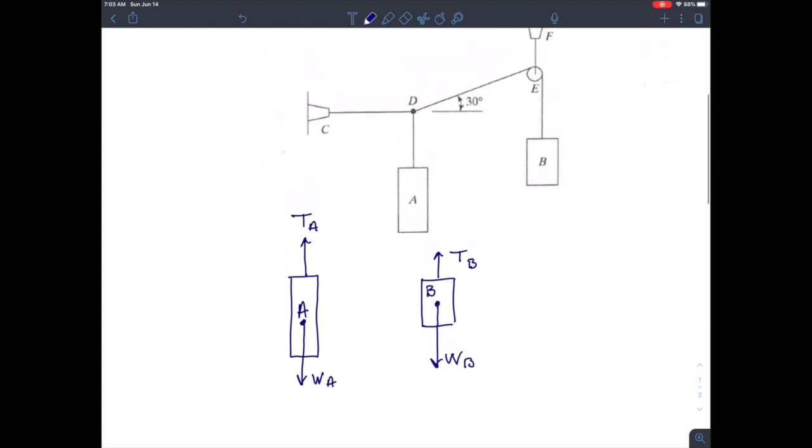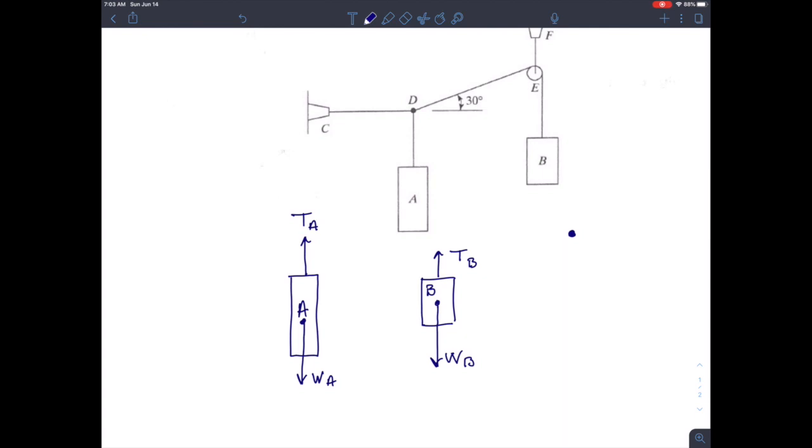Now let's take a look at the pulley E. We can represent the pulley with just a point, or you could draw the shape of the pulley, but what we know is that the tension in the line for the pulley is the same.